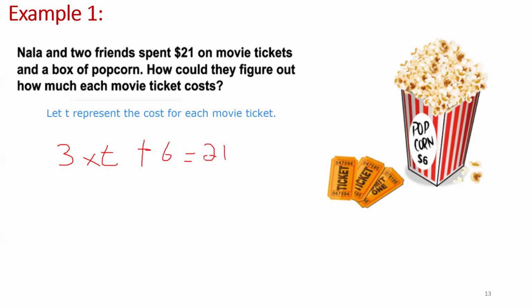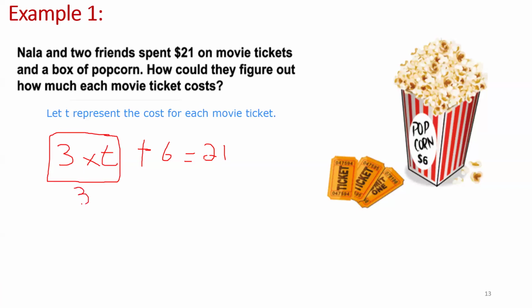So let us go back again. It is 3 friends, 3 tickets, plus 1 box of popcorn equals $21. So this is the equation. However, in algebra, we don't write 3 times T with a multiplication symbol.